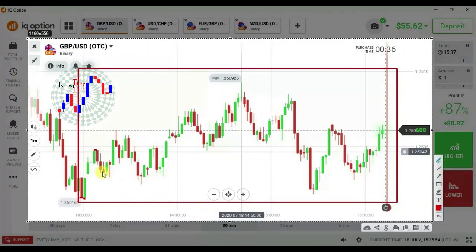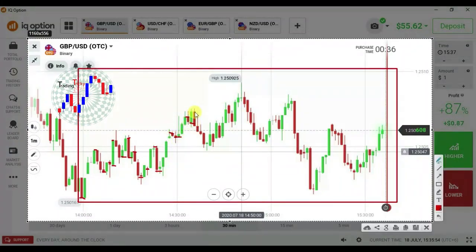This is a resistance, support, resistance, support, resistance. Again, this is a support. So support, resistance, support, resistance.